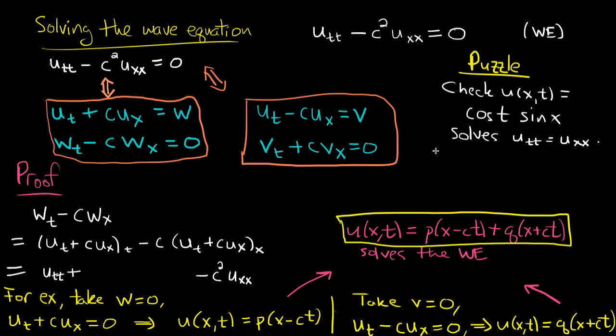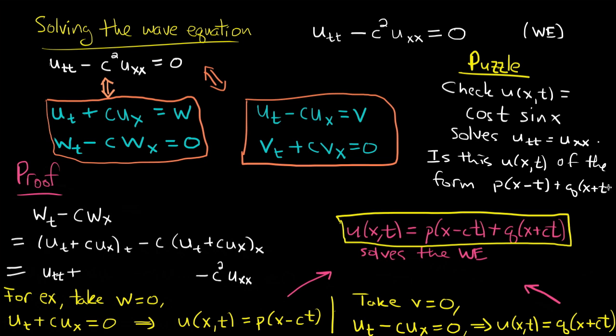Now the question is, is this u of the form p of x minus t, again c is 1, plus q of x plus t?